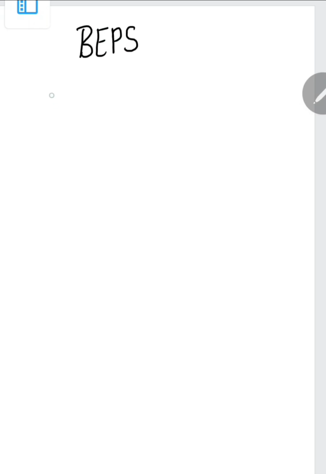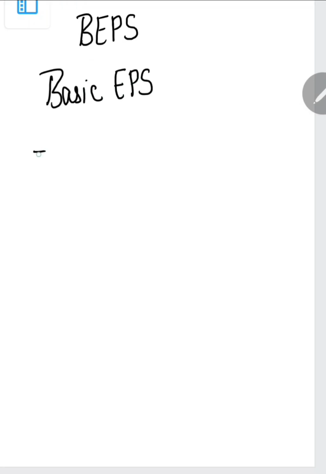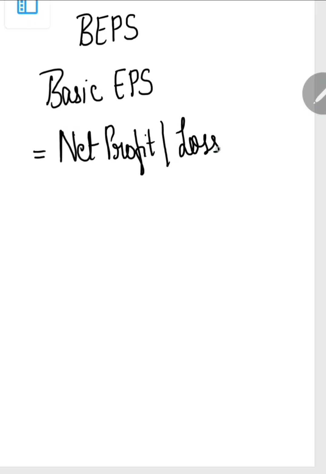So, how do we arrive at basic EPS? Basic EPS is equal to the net profit or loss attributable to the equity shareholders of the company divided by the weighted average number of equity shares.